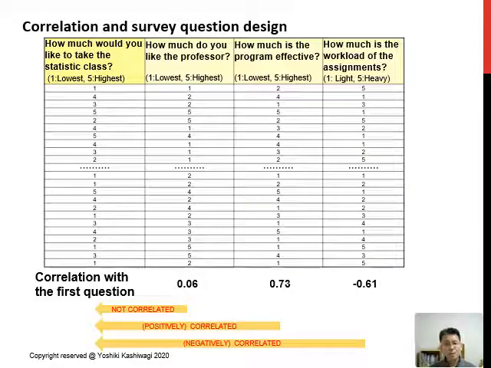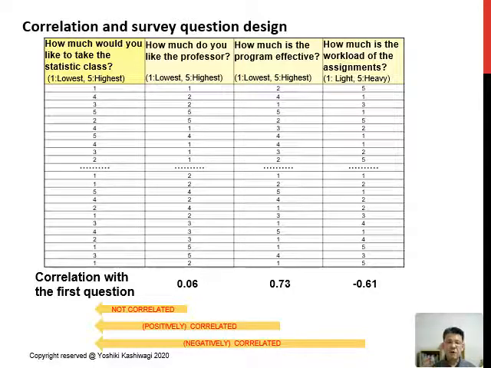So please notice the direction of high and low, and the correlation, positive or negative, is not the same between the last two questions. The third question has a high positive correlation, while the last one has a negative correlation, simply because the direction of the answers 1 through 5 is not the same.